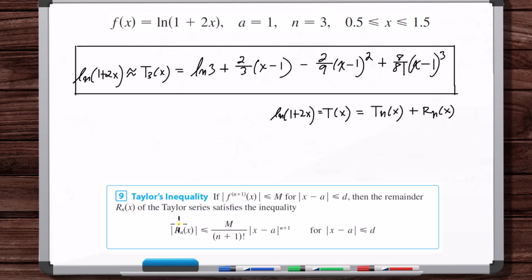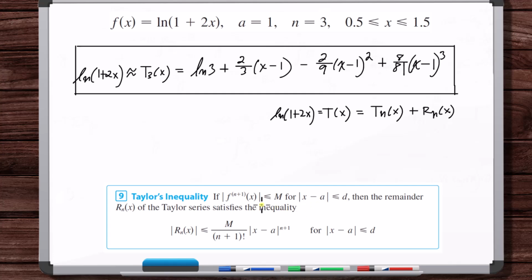Looking at this inequality, what do we need to get it fully filled out? We already have n, and we already have a. The only thing we're missing is capital M. How do we get capital M? We look at the n plus 1th derivative of the function, take the absolute value, and analyze it over the interval we're interested in, plus or minus 0.5 from the center point.